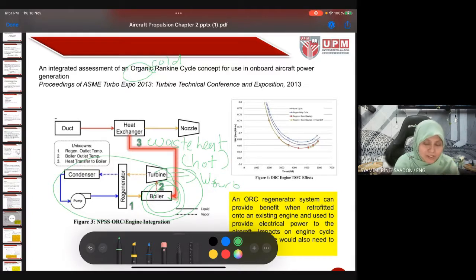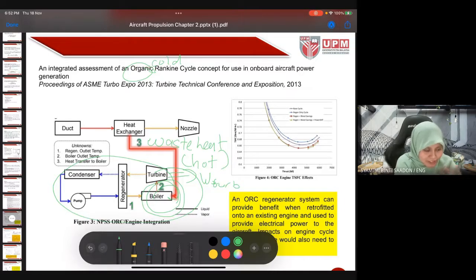However, impacts on engine cycle design and size will also need to be assessed. From this assessment of integrating the organic Rankine cycle with the engine cycles, they have a TSFC performance calculation, thrust specific fuel consumption over the thrust value, but this is in pounds.